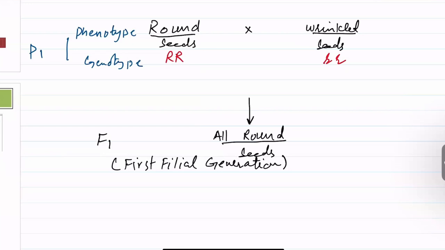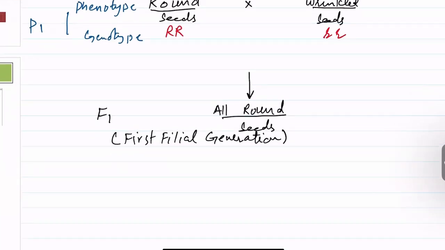Then gamete formation takes place. So you should write gamete here. During gamete formation, the pairs of alleles are separated. The number of chromosomes is reduced to half, and pairs of alleles are separated.